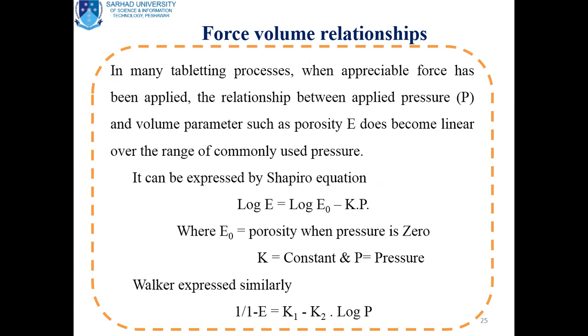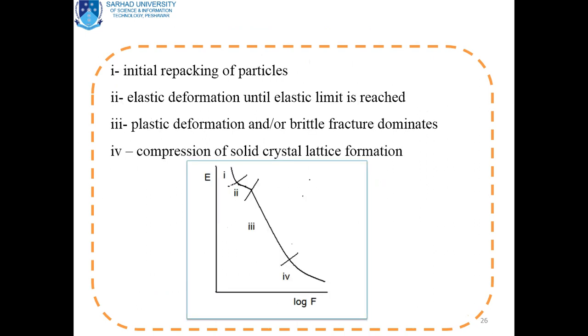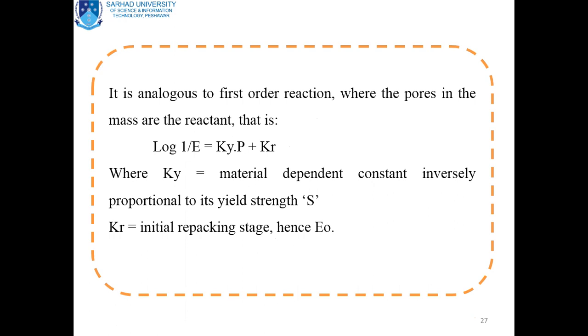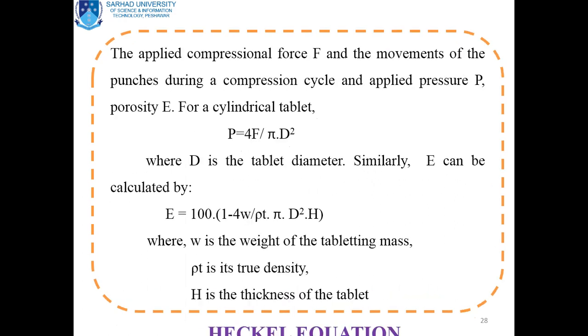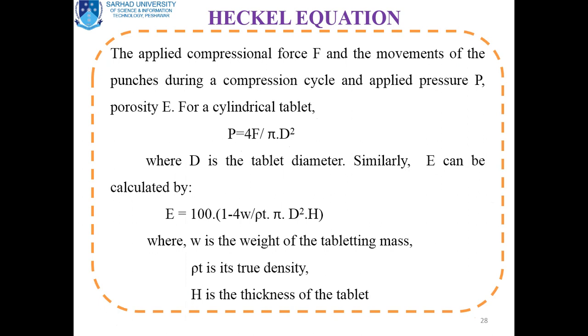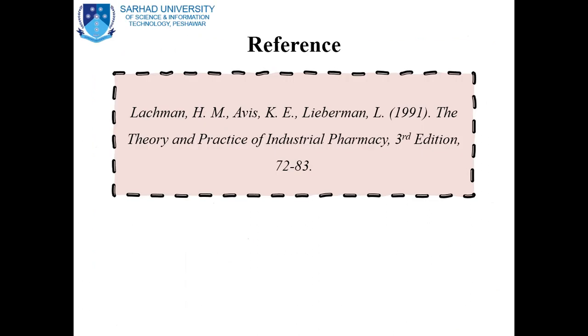The force volume relationship was discussed in detail, using this figure: initial repacking, elastic deformation, plastic deformation or brittle fracture, and finally compression of solid crystal lattice formation, by plotting log F against E. Then we discussed the Heckel equation and Heckel plots. Thank you all for your attention.